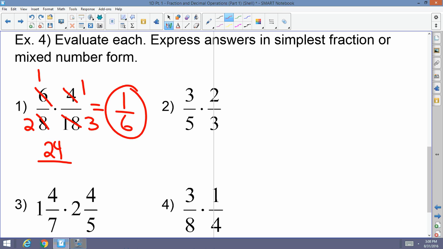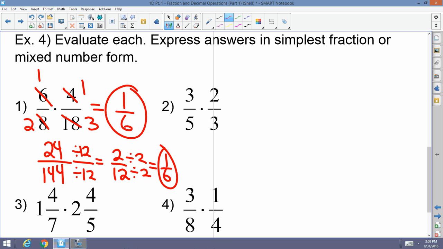And 8 times 18 is 144, okay? I know for sure that 12 goes into both of these. So I can divide 12 to both top and bottom, giving me 2 twelfths, which then I can divide again by a 2 over 2 to both numerator and denominator, and that gives me 1/6.